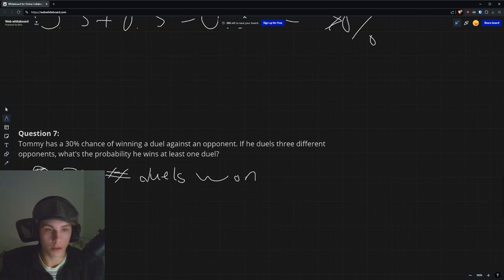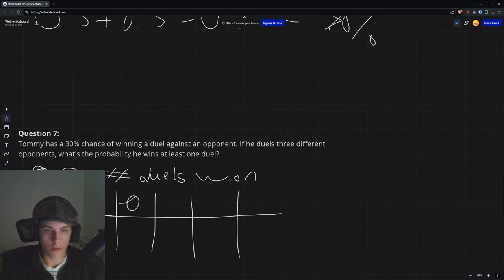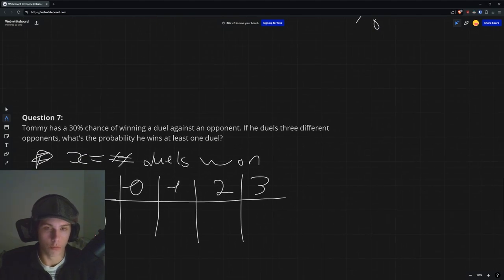So, a table of x and the probability that X equals x. Simple table: 0, 1, 2, 3. In what scenario would he have 0 duels won? In case he loses.